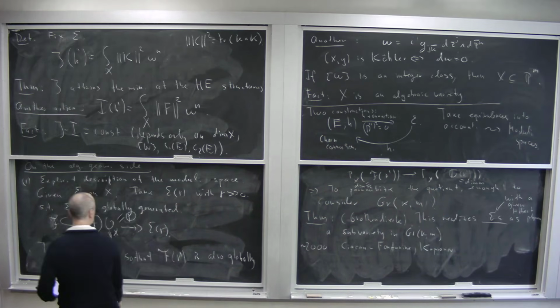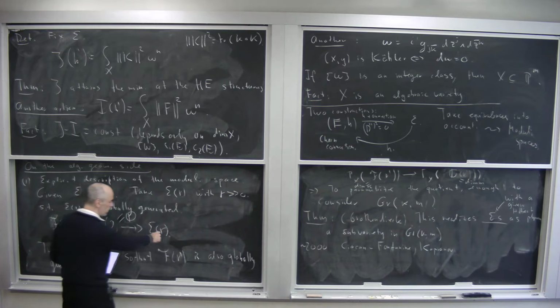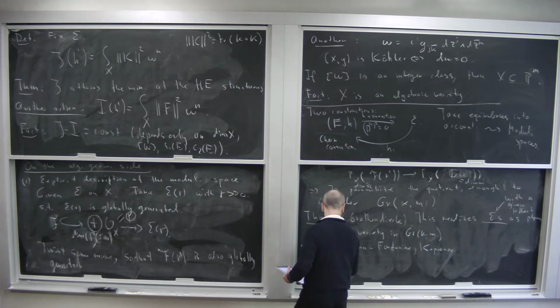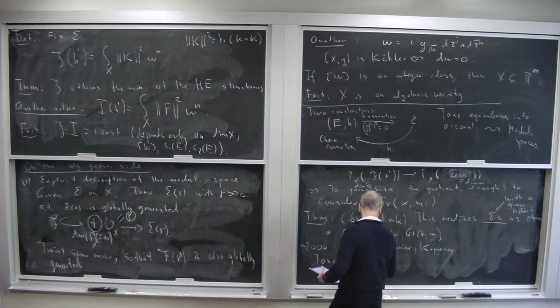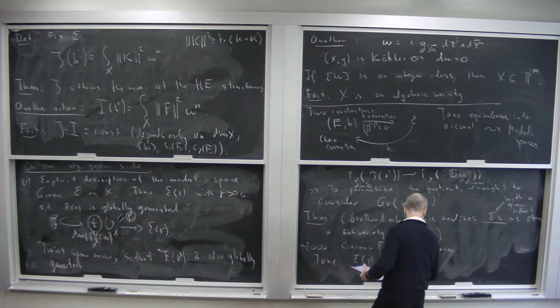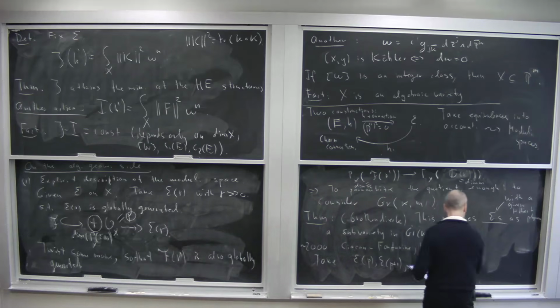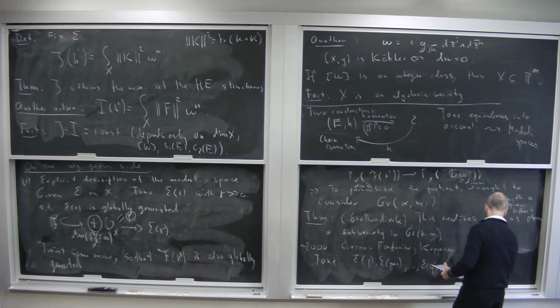So instead of taking only one twist, we take a sequence of them. Take E(P), E(P+1), up to E(Q), far enough and long enough, so Q is larger than P, larger than 0.